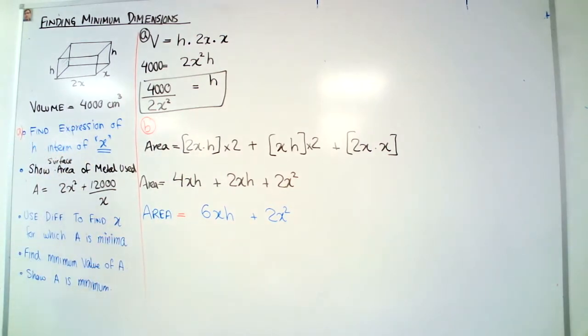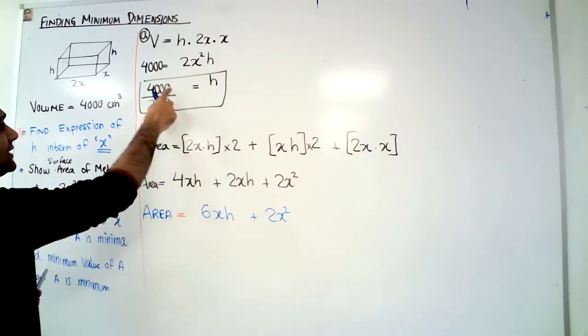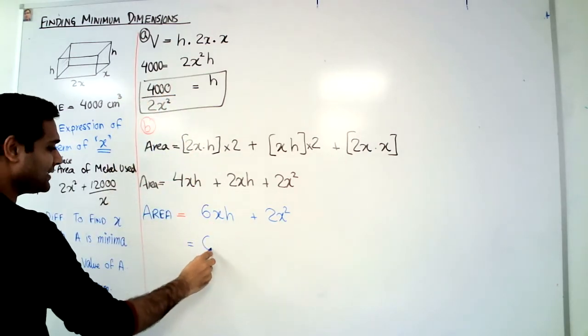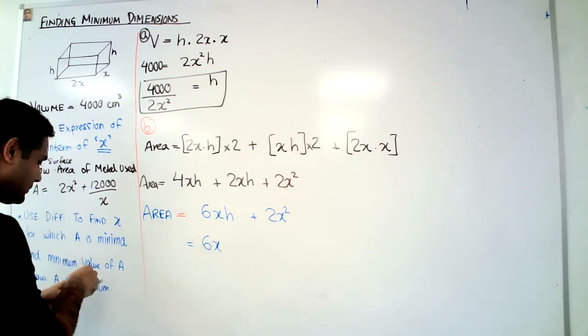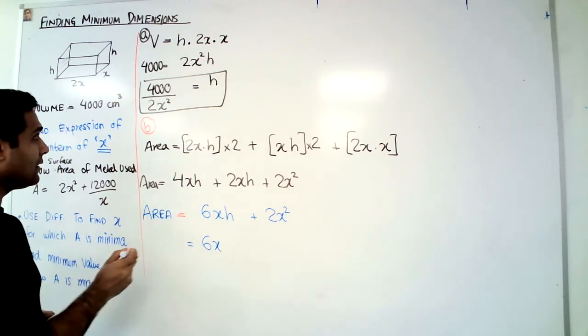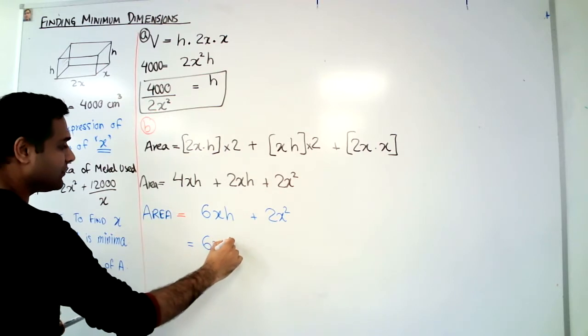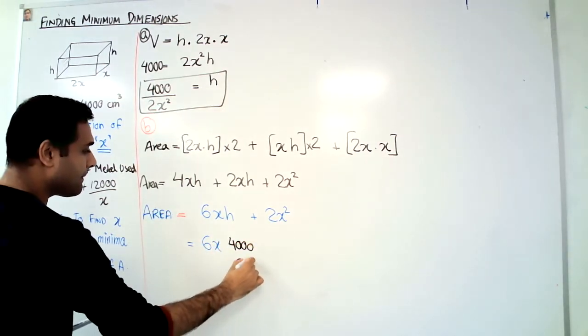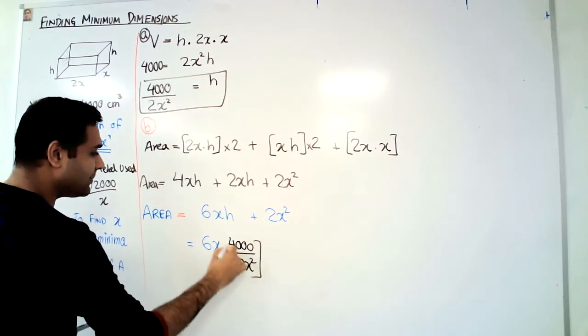I've got the area, and I also know what h is. This is the value for h, so instead of h I just replace it with this value, which is 4,000 over 2x squared.